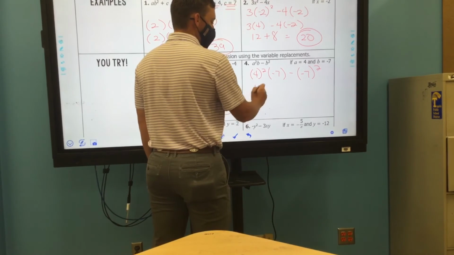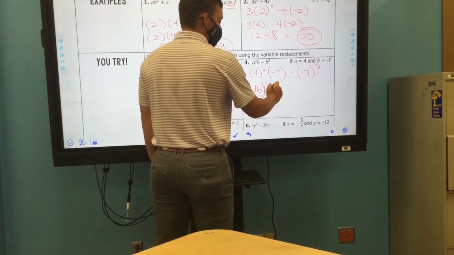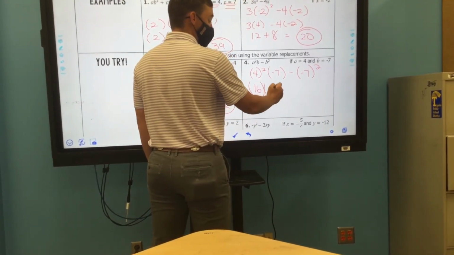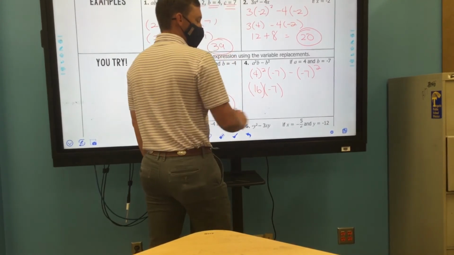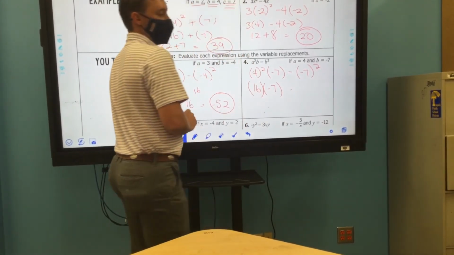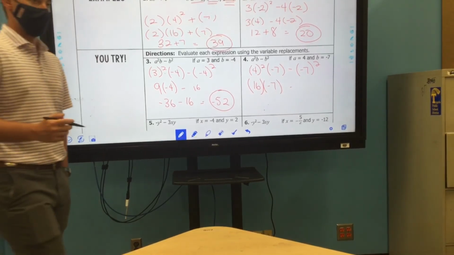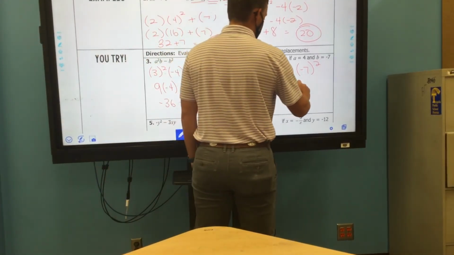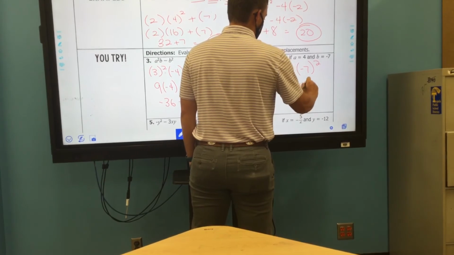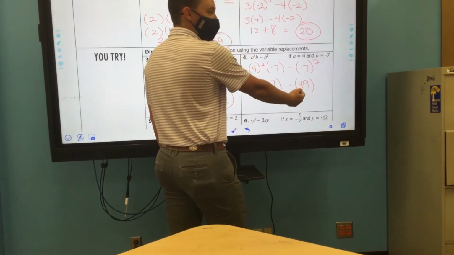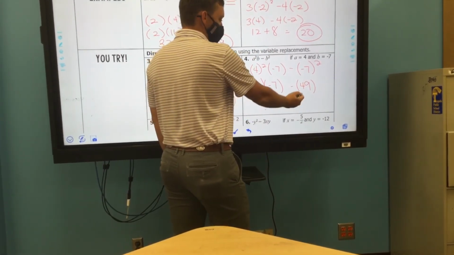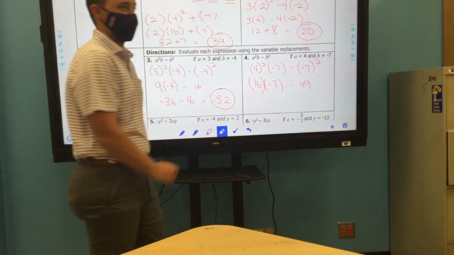Still going to have 16 times negative 7, minus, and then you have negative 7 squared. That's negative 7 times negative 7, which is going to be a positive 49. No other operations here, so you just got minus 49 left.